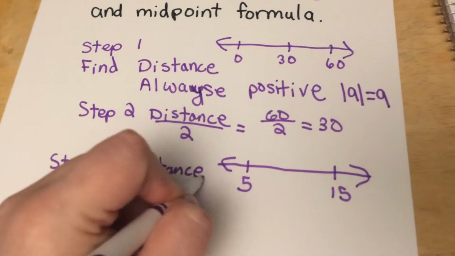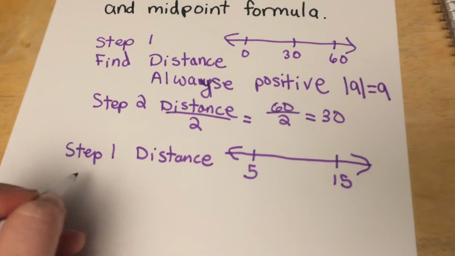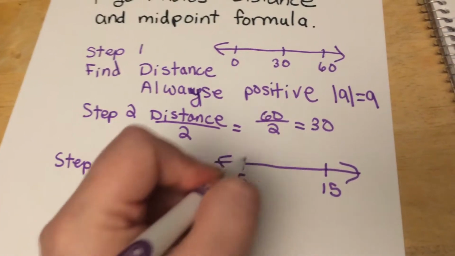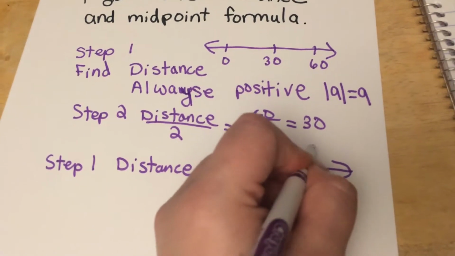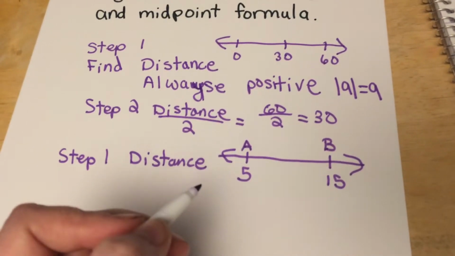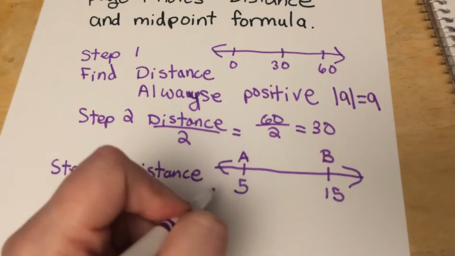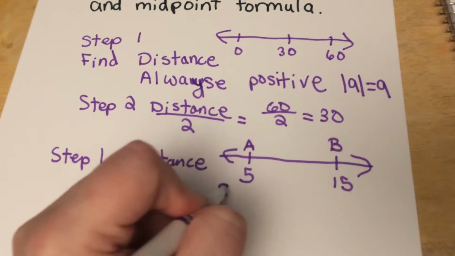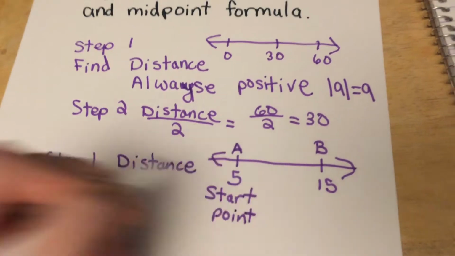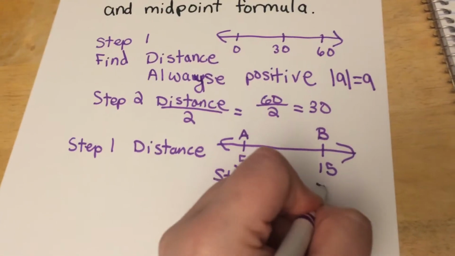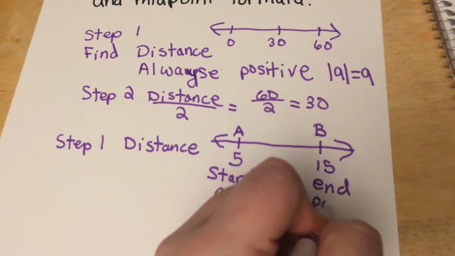Once we applied our absolute value, we called 5 our A point and 15 our B. A was our start point, and B was our end point.